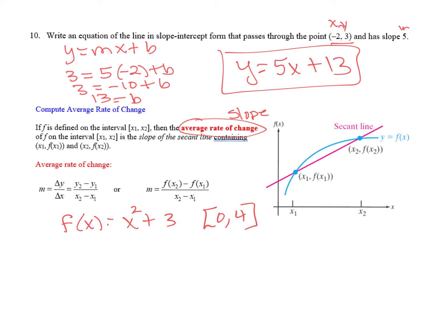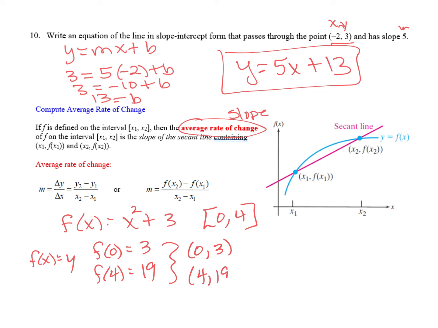The first thing you're going to need to know is what is f of 0 and what is f of 4. And then you have to remember f of x equals y. So f of 0, 0 squared plus 3 is 3. f of 4, 4 squared plus 3 is 19, because 4 squared is 16 plus 3. What that does is that gives me 2 points, the point (0, 3) and the point (4, 19).